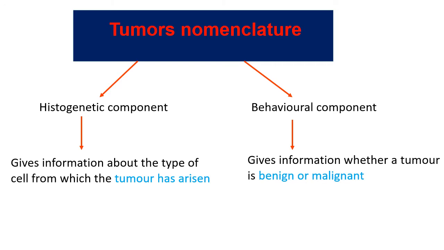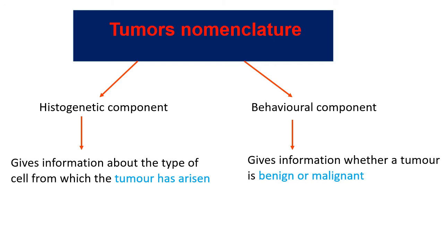For tumor nomenclature, we give the name to the tumors according to the histogenetic component or the behavioral component. Behavioral component, as we said before, means the tumor is benign or malignant. What about the histogenetic component?